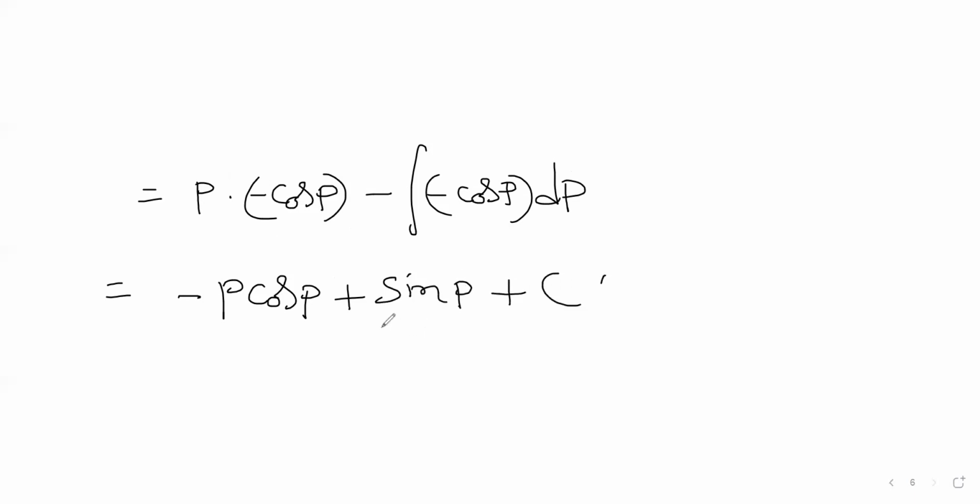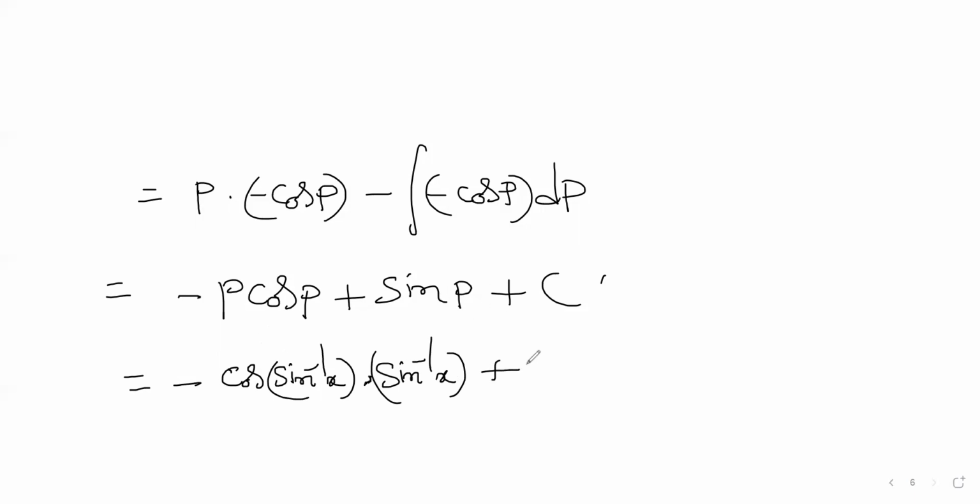And then what is p? That is sine inverse x. So we plug things in: minus cos of sine inverse x is the first one, and p is sine inverse x. Sine p is nothing but x, since sine inverse x is p. So sine p is x, plus constant.